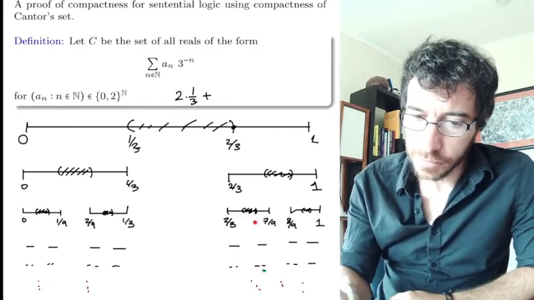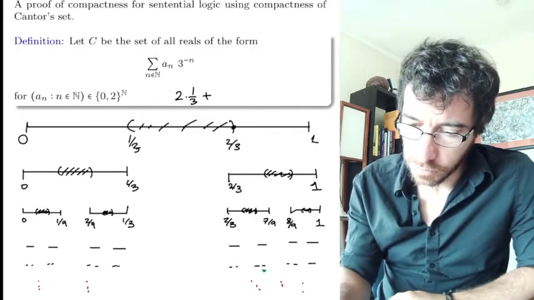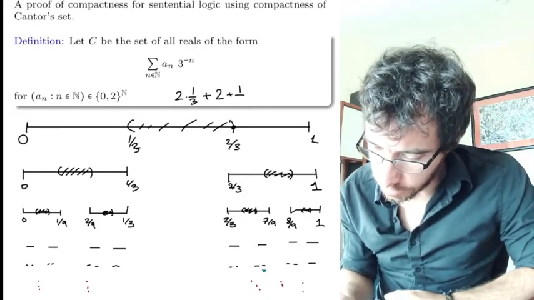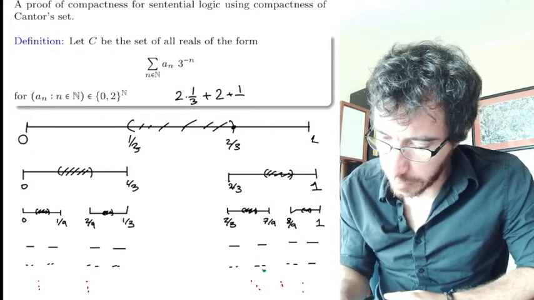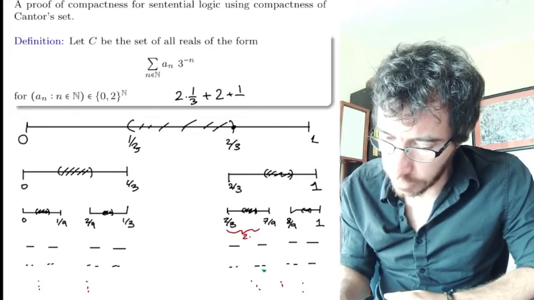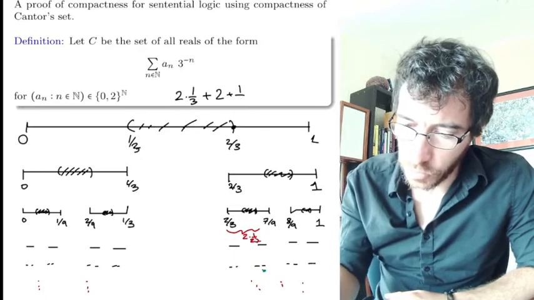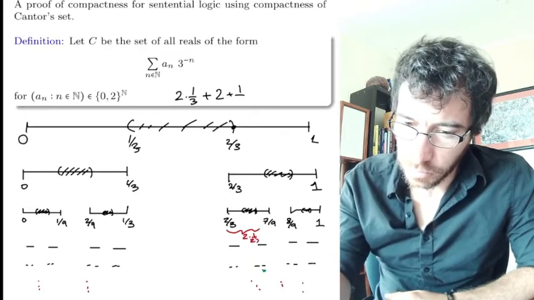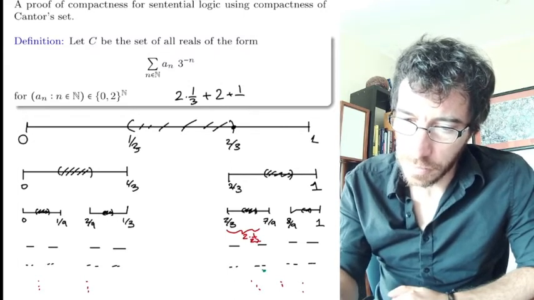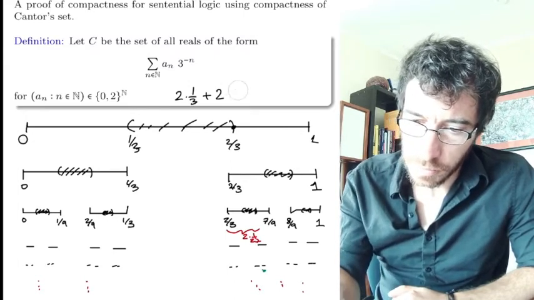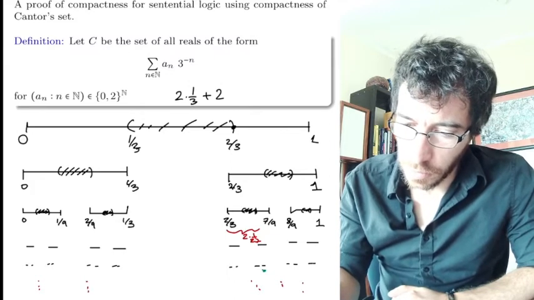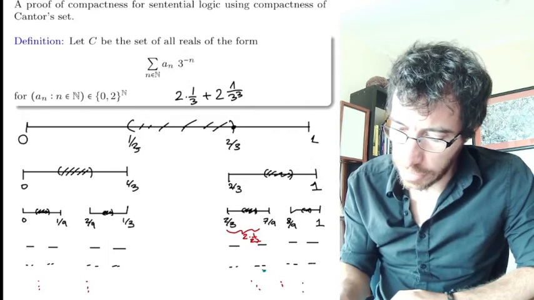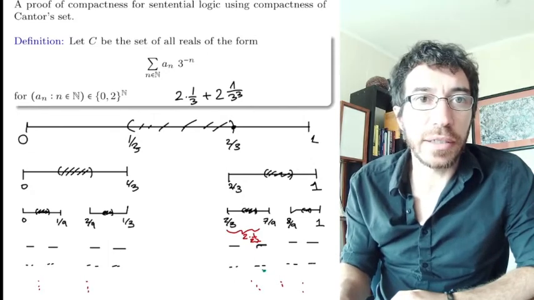We have to add 2 times 1/27, because this interval up here is 2 times 1 over 3 to the 3, and that leaves us at this point right here.